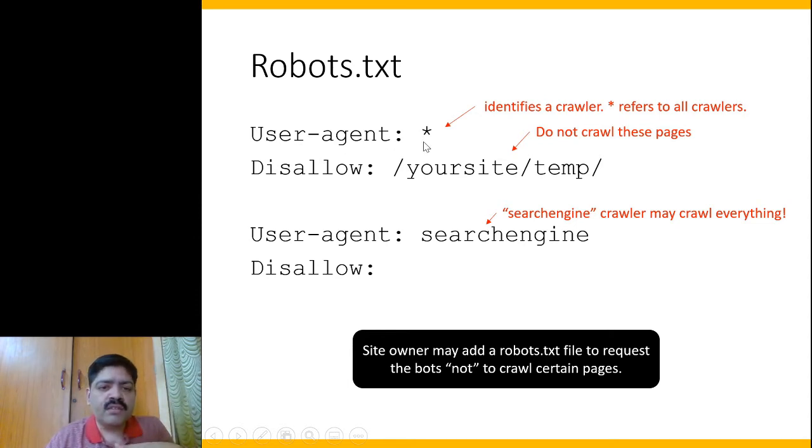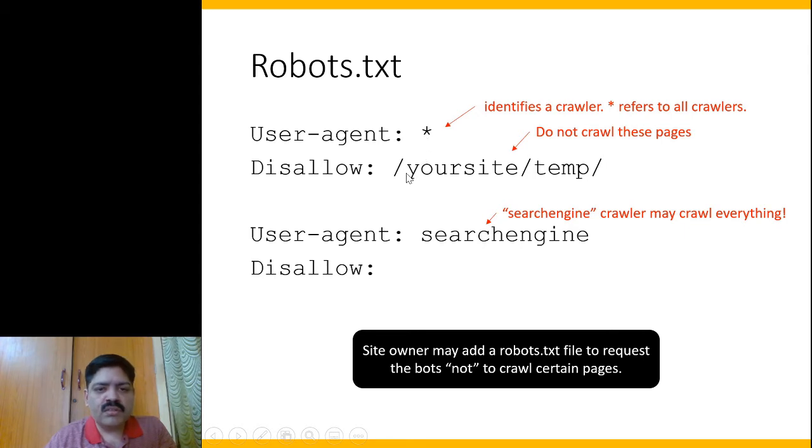So every crawler is supposed to have an ID, and this string is that ID. And if you want some rules to be applied to all the crawlers, then you simply put a star over there. And after that, you could say that certain structures within your site are not supposed to be fetched and stored by the search engine.